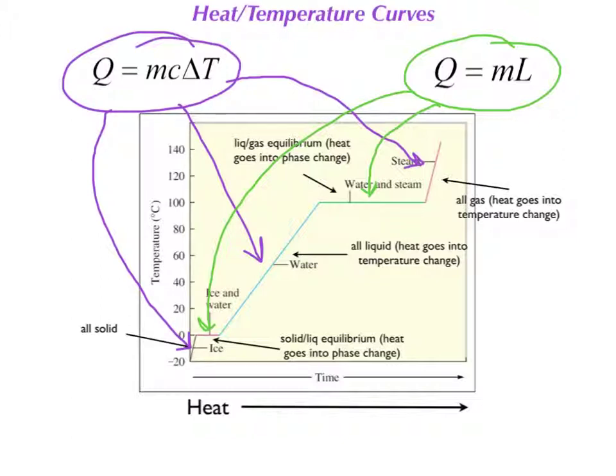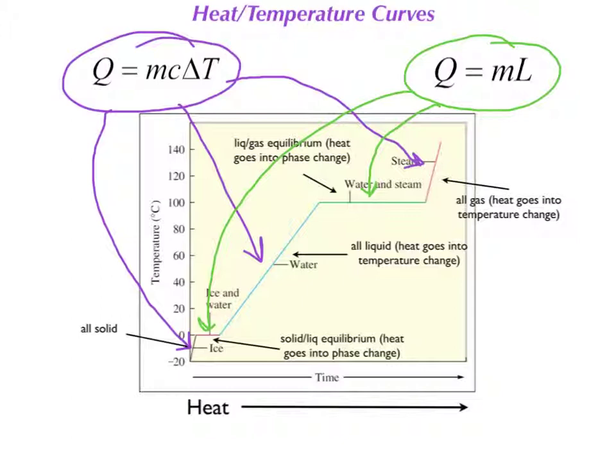It's boiling the water. So in those places, we're going to use Q equals mL to figure out how much heat energy is going into changing the phase, or the state of matter. So here we've got sensible heat, then latent heat, then sensible heat again, then latent heat again, then sensible heat again.